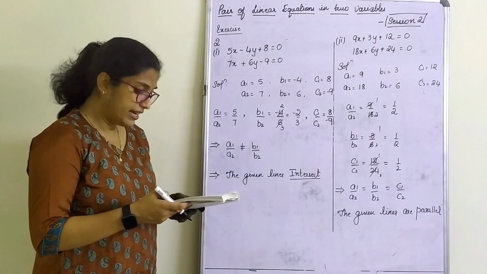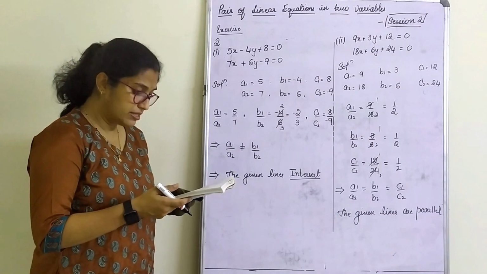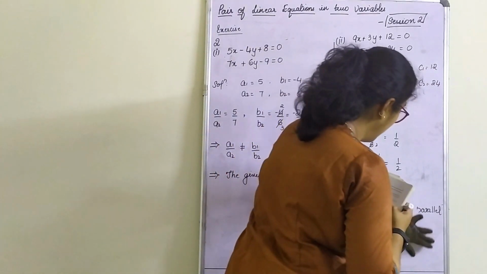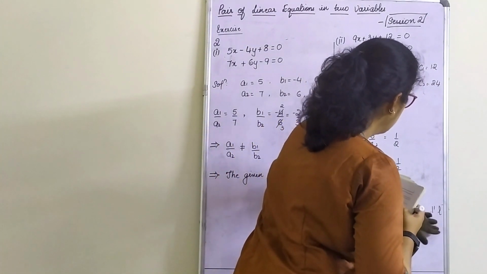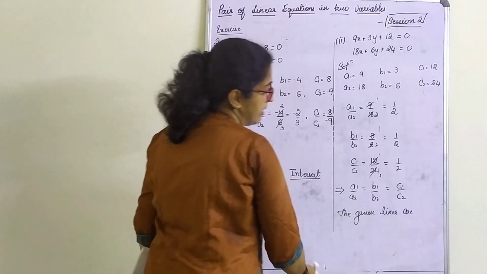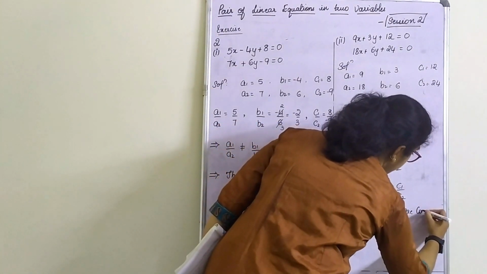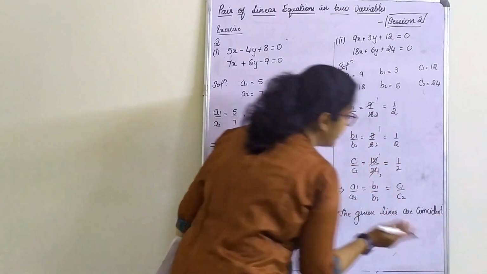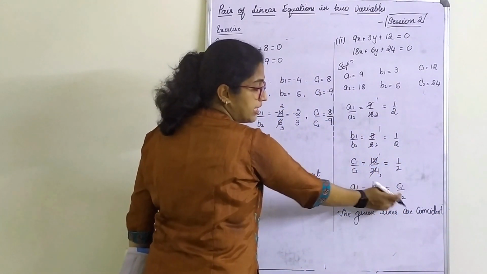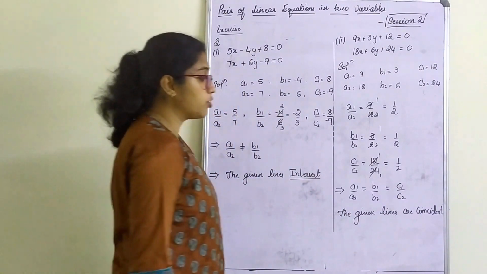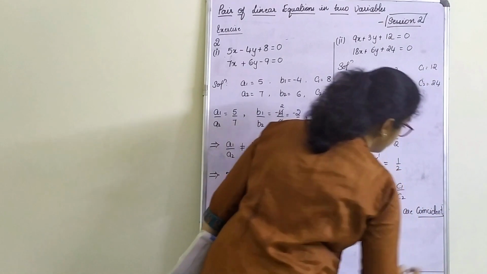When they are equal, the lines are coincident. If the C ratio is not equal, then they are parallel. When would it be parallel? If this is not equal, then it would have been parallel lines. So the given lines are coincident lines.